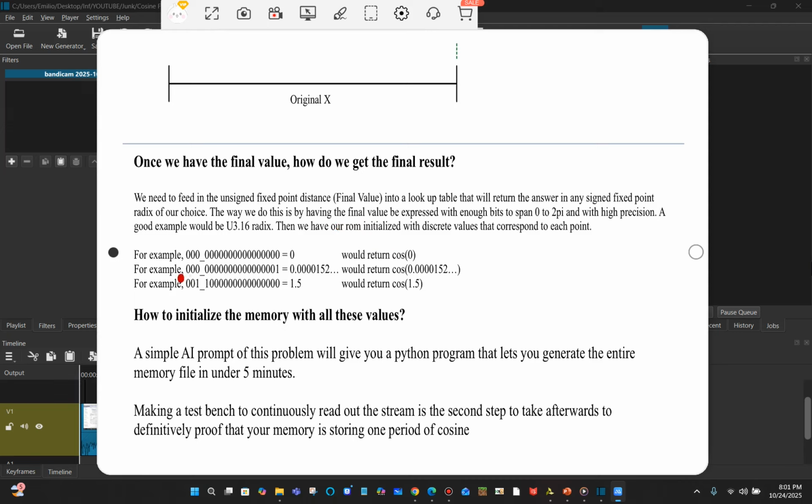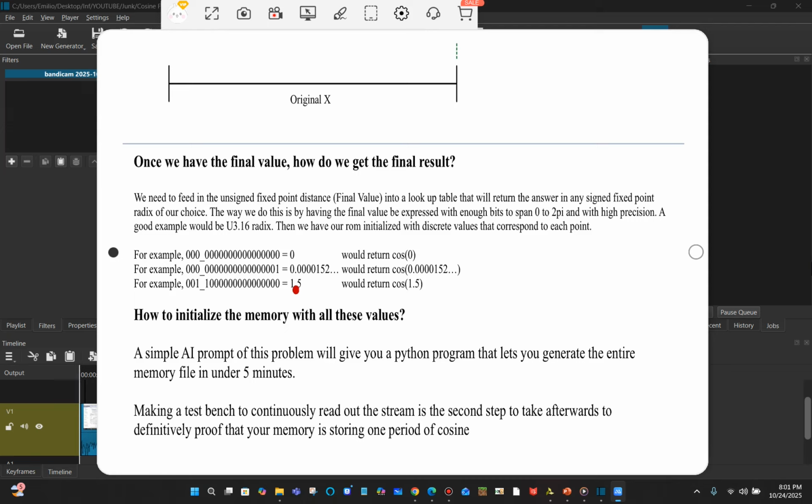And again, for example, let's say we have address 1. Well, a bunch of 15 zeros with a 1 at the end in this radix is equal to this number. So the memory unit would need to return the output of that in the radix of our choice, obviously. And another example, if we have 0, 0, 1, 1, then zeros all after, well, that address in this radix is 1.5.